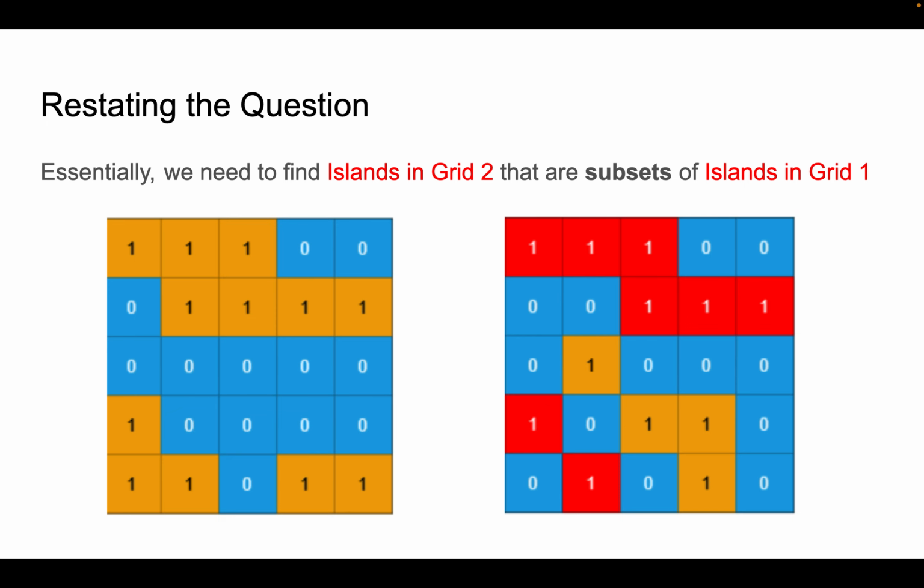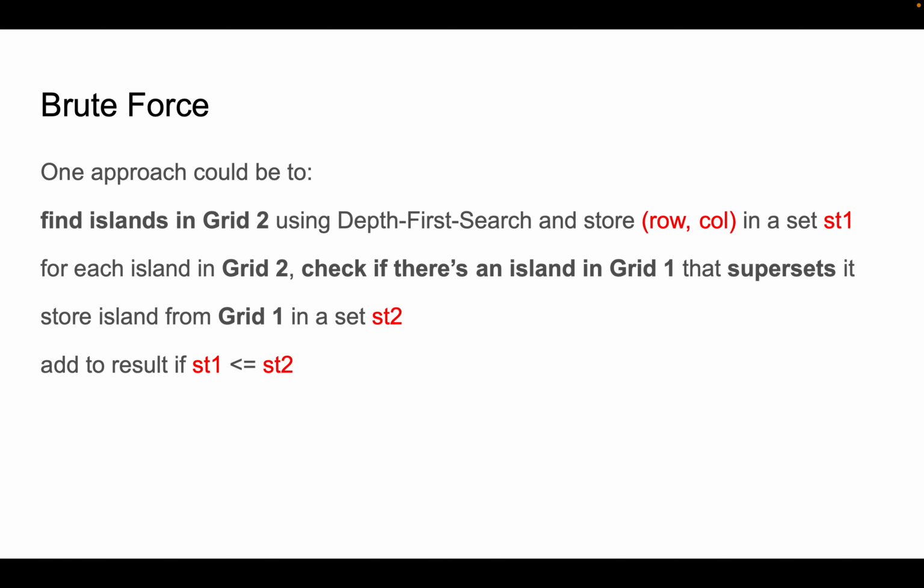So let's restate the question. Essentially what we need to do is to find the islands in grid 2 that are subsets of islands in grid 1. The first approach that one could think of is to first identify islands in grid 2 using depth first search and store the row and column numbers as a tuple in a set and call it ST1.